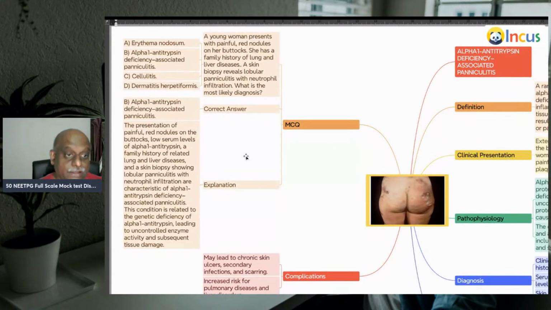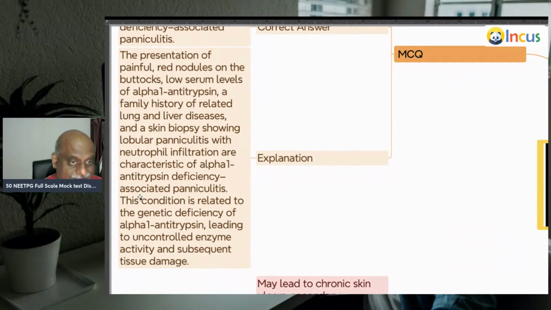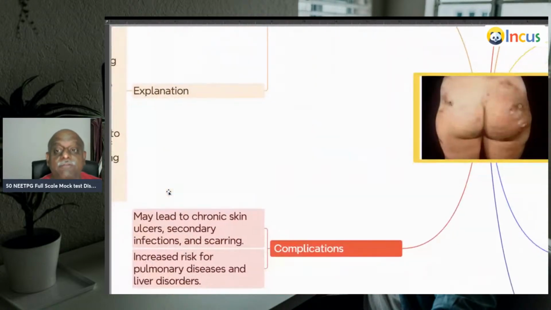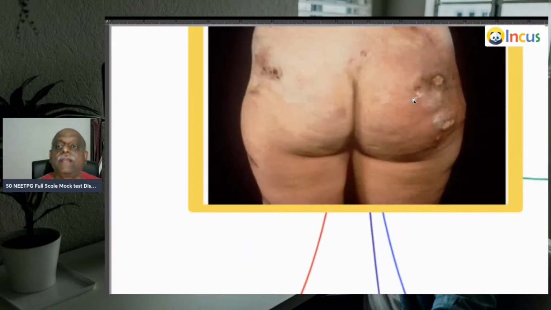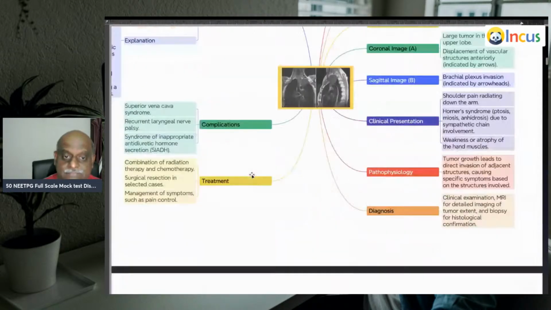So, painful red nodules on the buttock, low serum levels of alpha-1 antitrypsin, family history of lung and liver disease, skin biopsy showing lobular panniculitis with neutrophilic infiltration. They're all the characteristic features of alpha-1 antitrypsin deficiency, is what you need to remember.